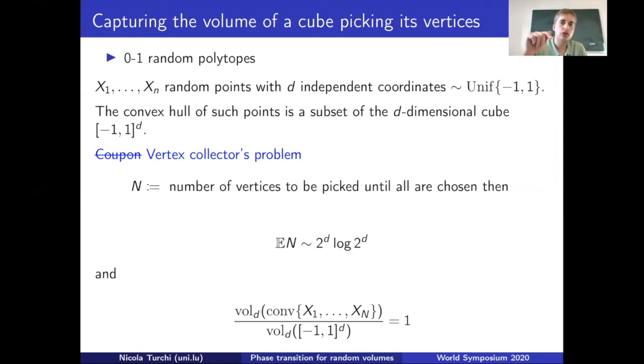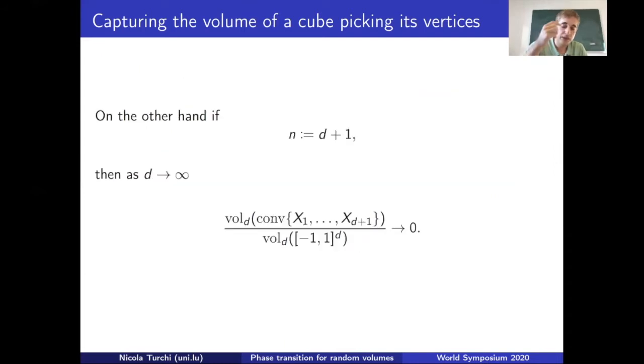By definition, when you have n such points, you have covered the whole cube, and the ratio between the volume of the convex hull and the volume of the cube is in particular 1. And it is for such number of points.